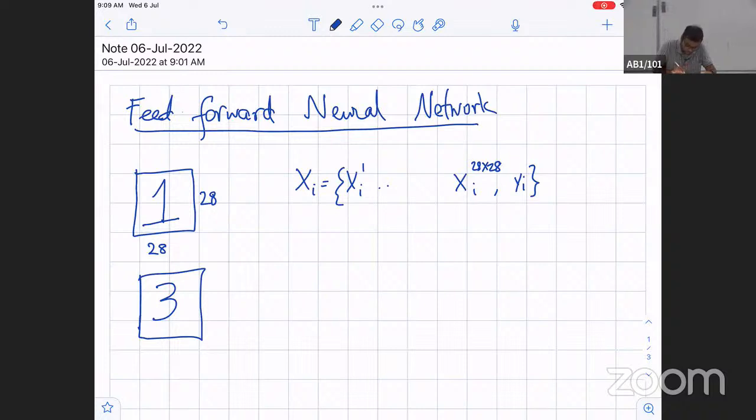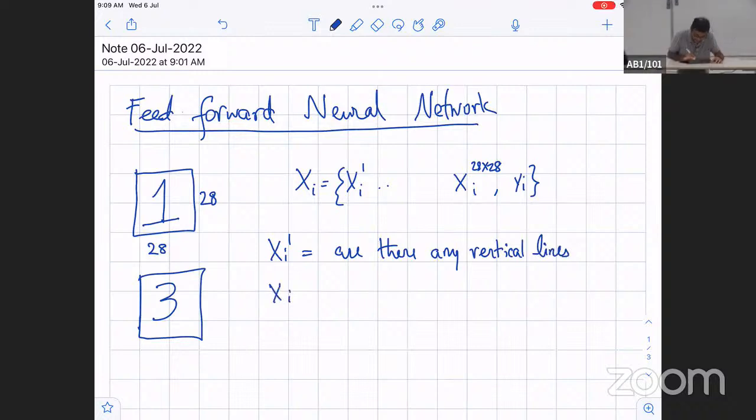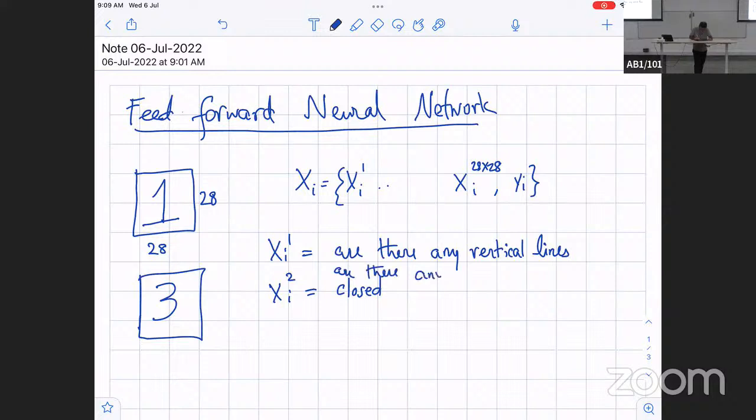So the feature xi1 could be: are there any vertical lines? And xi2, for example, could be: are there any closed areas?